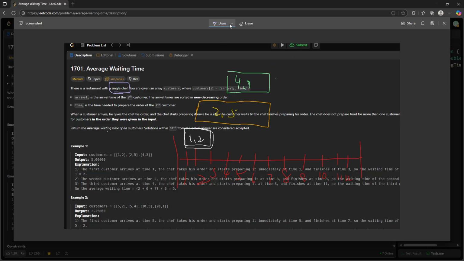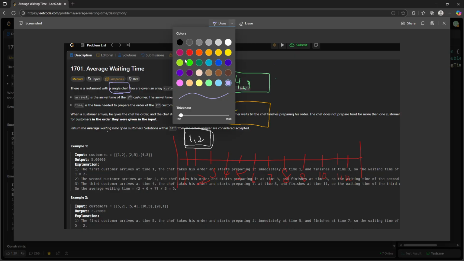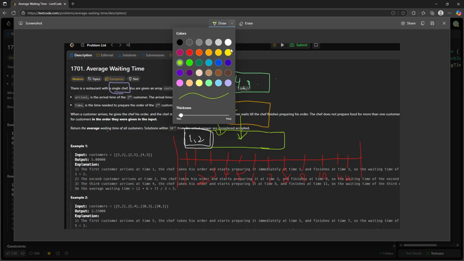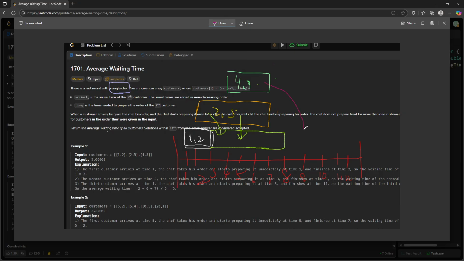So what you actually need to do is put these blocks one after another. It's going to be 1, 2, and then you put the 5, so 3 plus 5 becomes 8. You put this over here, and then you do this at the same time.